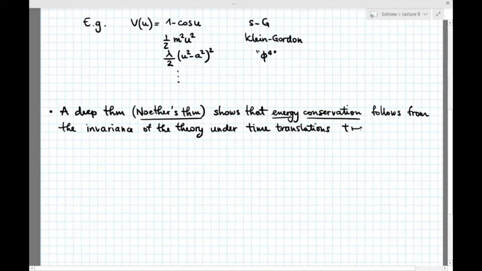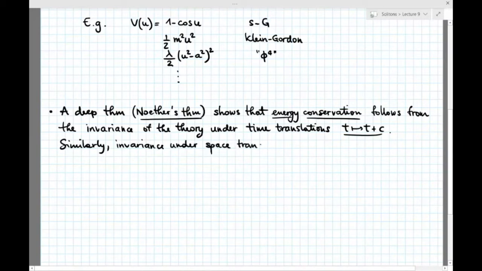where we shift time by a constant c. And similarly, invariance under space translations, where x is shifted by an independent constant I'll call c prime, implies the conservation of momentum.